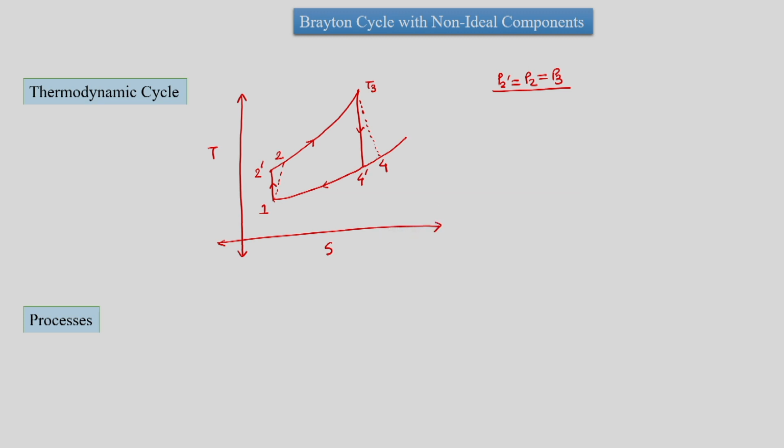So let us consider the processes here. As we have told, process 1 to 2 dash is the isentropic compression process, but the process 1 to 2 is the actual or real compression process.